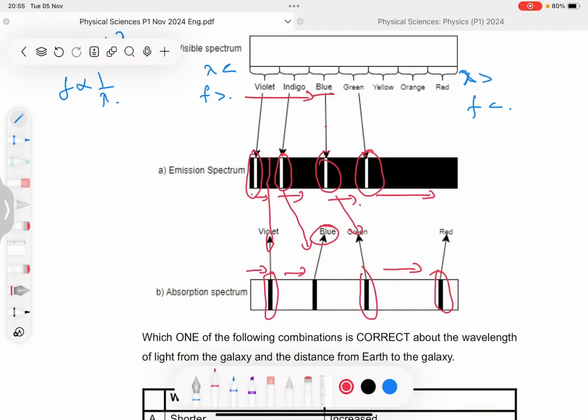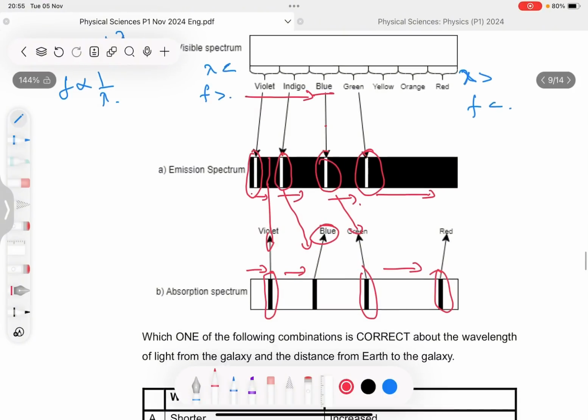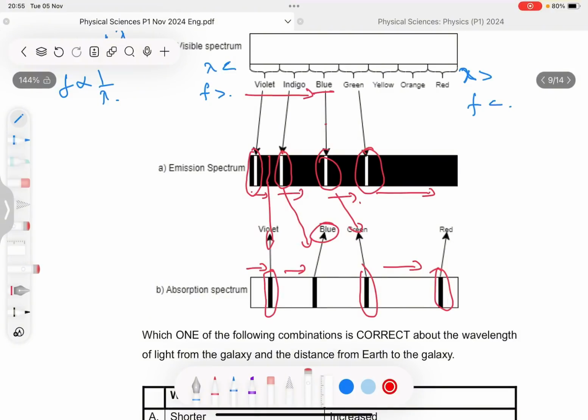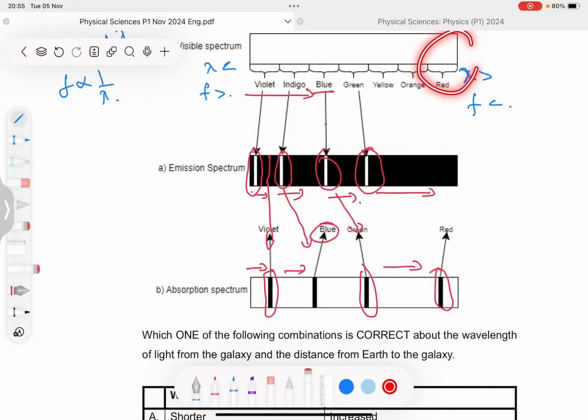So we can see that the same hydrogen from the galaxy now gives us violet, blue, green, and red. So what's happening here? What's happening is that the light we're detecting from the hydrogen in the distant galaxy has moved towards a longer wavelength and lower frequency. It has moved towards the red side of the spectrum.